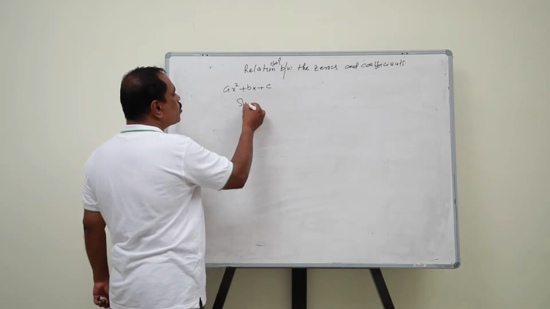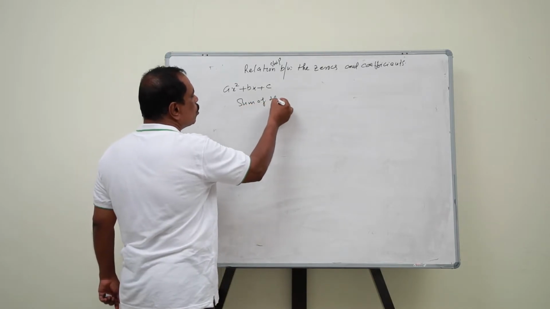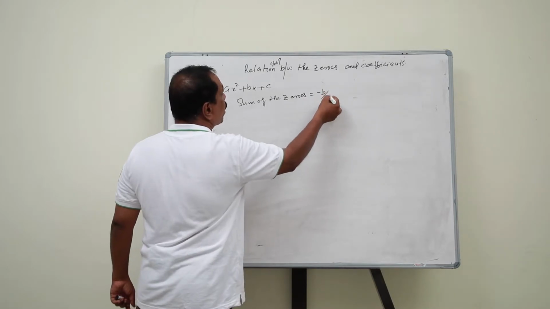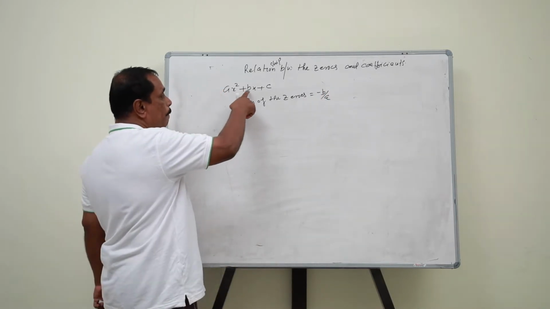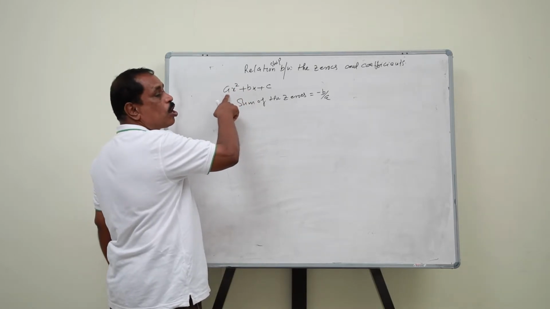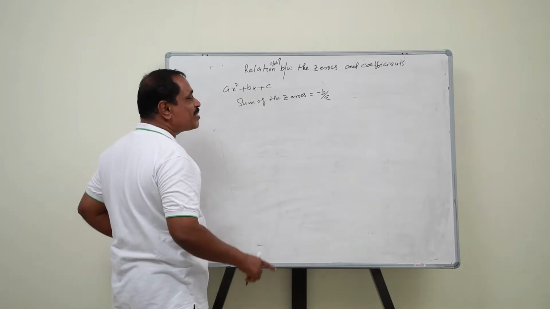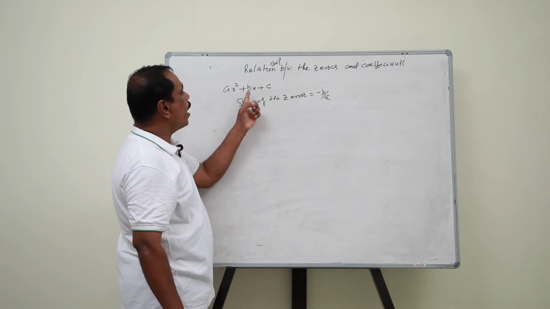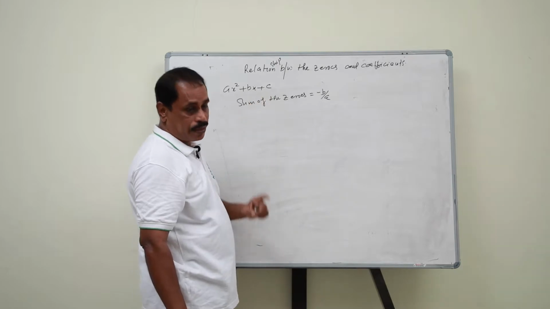Sum of the zeros is equal to minus b by a, that is, minus of coefficient of x divided by coefficient of x square, for the quadratic polynomial ax square plus bx plus c.